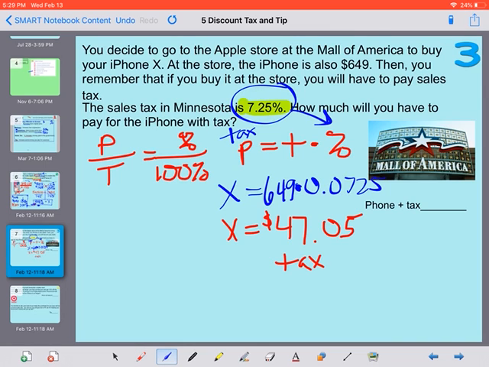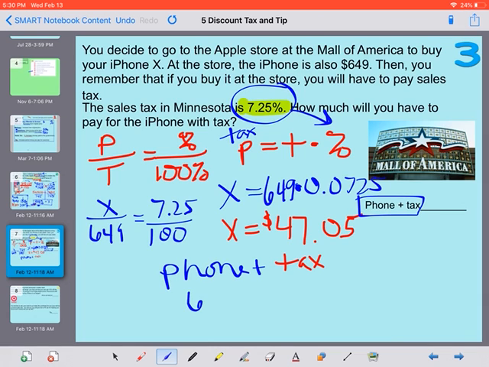If we set up a proportion this way, same thing. We would have had 649 and then 7.25% out of 100% and cross-multiplied, we would get the same answer. But they want to know, not just the tax, they want to know phone plus tax.